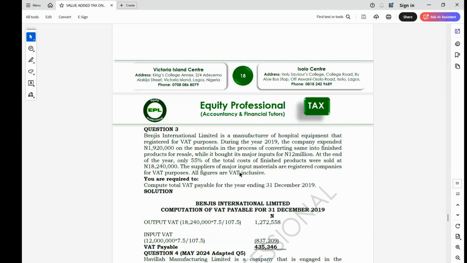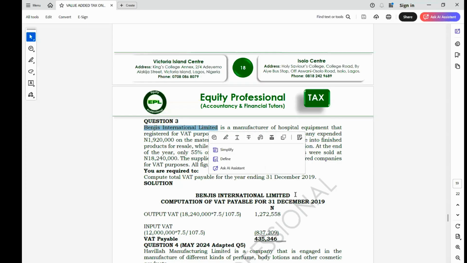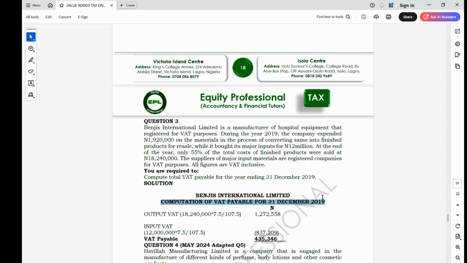Look at this one now. This one is VAT inclusive. You are required to compute total value added tax payable for the year ended 31st December 2019. So I'm going to solve that question here. We have Benji's International, and the requirement is the computation of value-added tax payable for 31st December 2019.